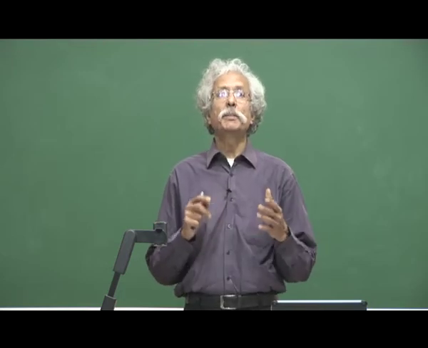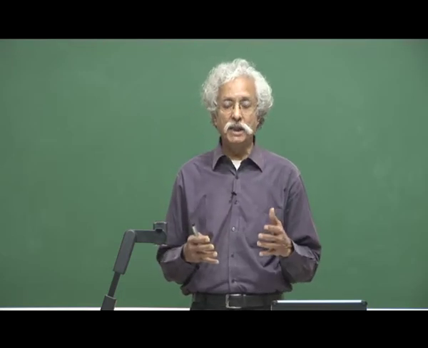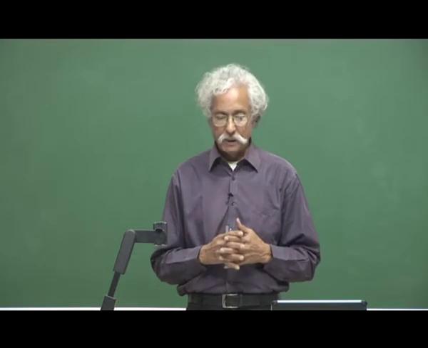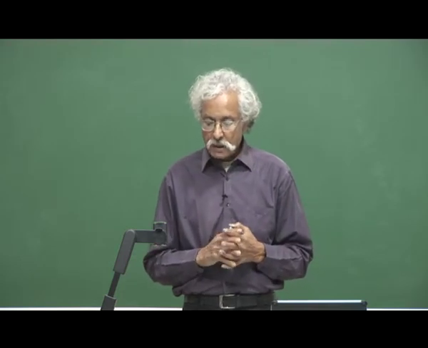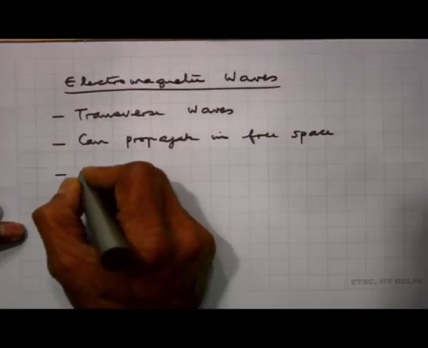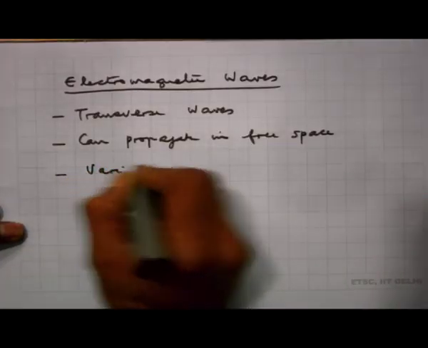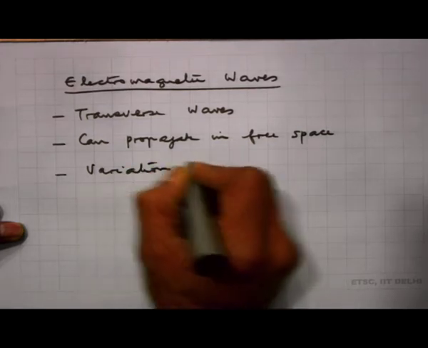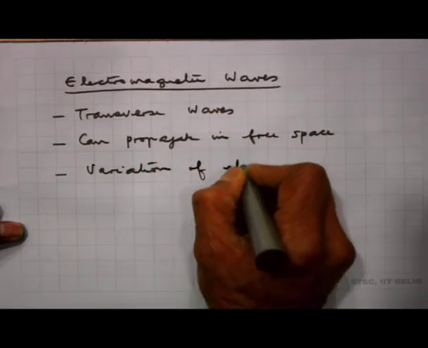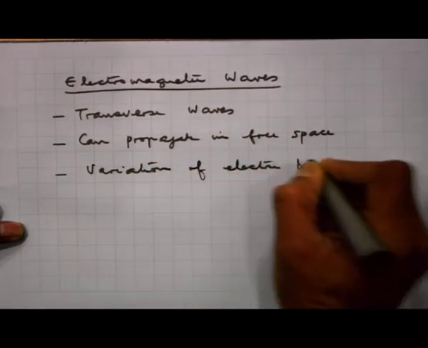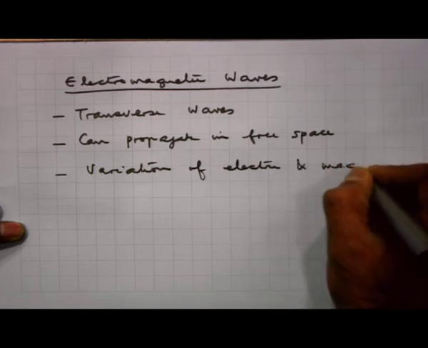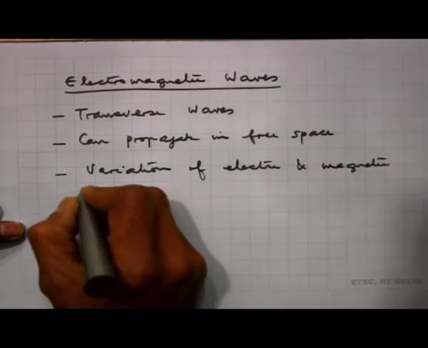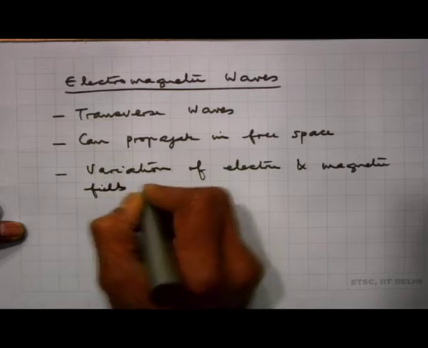Of course, the presence of a medium can change their propagation properties, but you do not need a medium to propagate. And so, these electromagnetic waves are characterized by electric and magnetic fields in space.